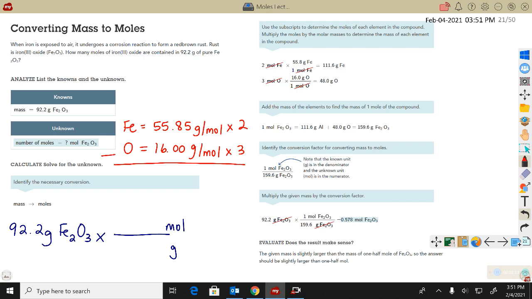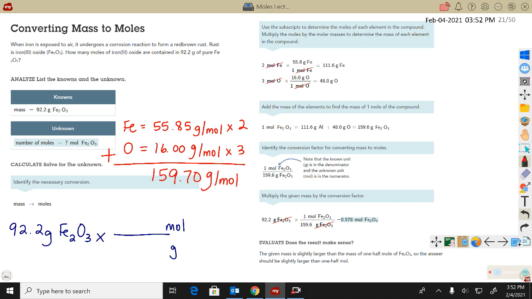There. I'm going to plug that in my calculator, add it up, and I've got the molar mass. 55.85 times 2 plus 16 times 3. Yeah, I got it. I'm really close to the same molar mass that they had. I'm looking at about 159.70. They've got about 159.6. I'm totally fine with that.